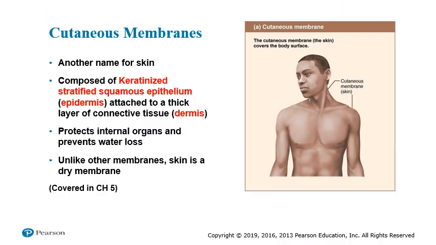All right, so here, cutaneous, your skin, is made up of keratinized, stratified, squamous epithelial cells. What does that mean? Stratified means more than one layer. Keratinized means it has keratin. That's a fiber, that's a protein. Squamous means the top layer is made up of flat cells, right?